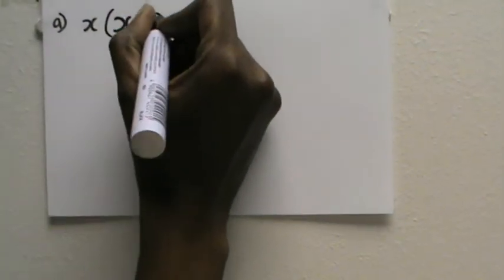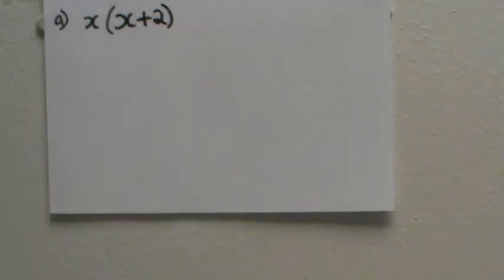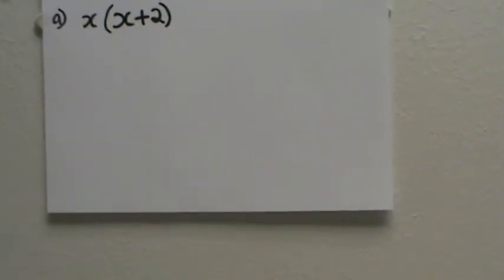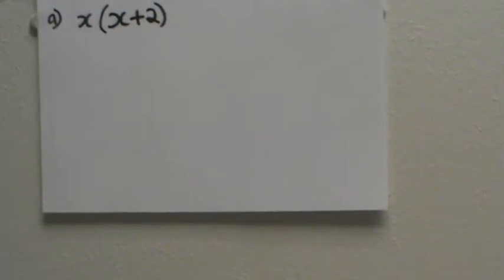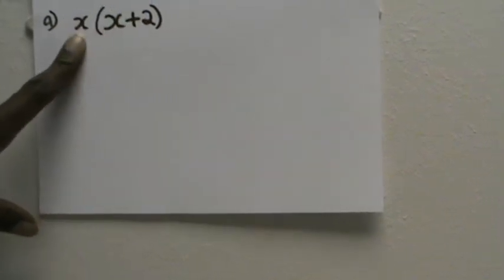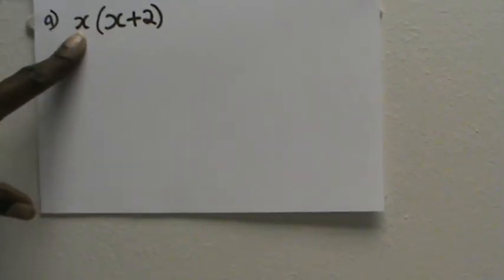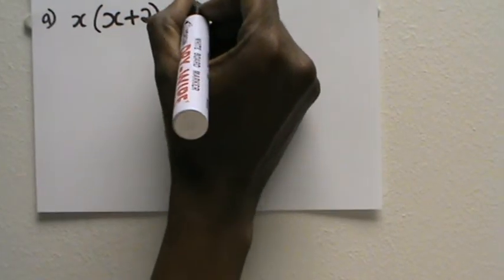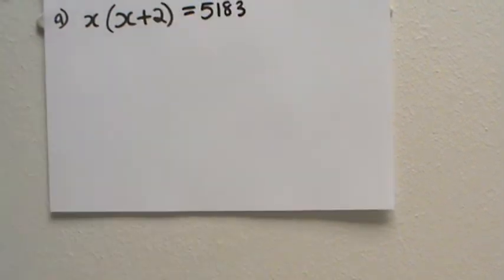So we're told that the product of my odd numbers, so I've written it out, so I've translated the product of two consecutive odd numbers. The first odd number is x, the next one after x is x plus 2, and this should be equal to 5183.